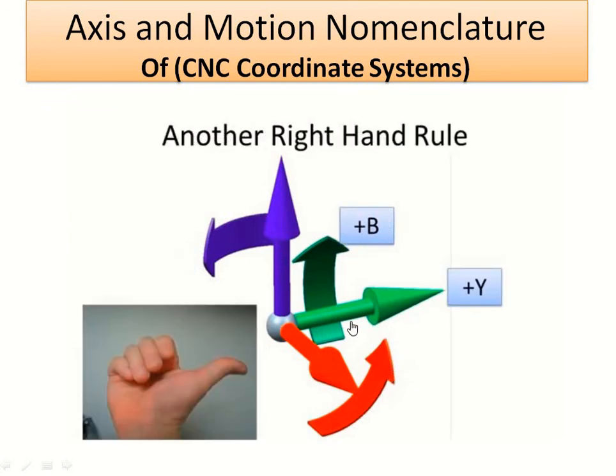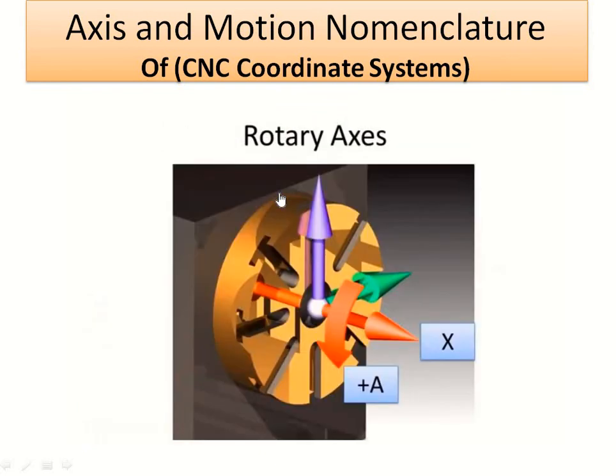These show the positive direction. With another right hand rule, we take the thumb in the plus y direction, and the curled fingers show the positive direction of rotation, that is B. Similarly for the x-axis, we take the thumb along x and the curled fingers show the positive direction of rotation. Similarly for the z-axis.